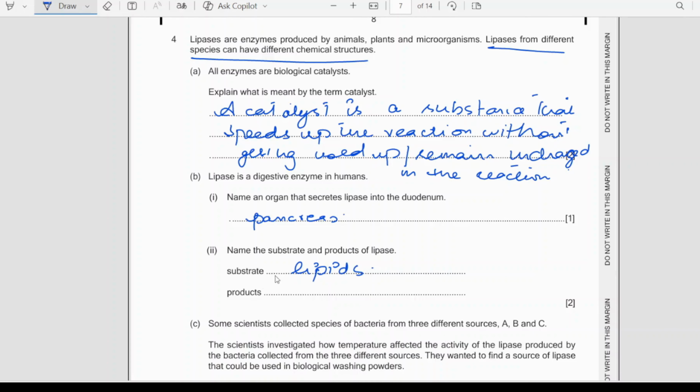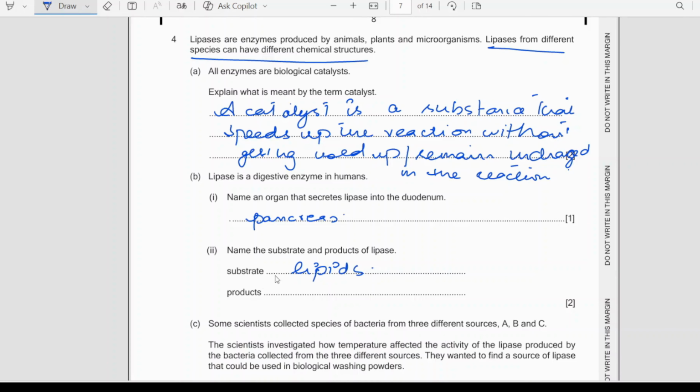Okay. Some scientists collected species of bacteria from three different sources, A, B, and C. The scientists investigated how temperature affected the activity of lipase produced by bacteria collected from three different sources. They wanted to find a source of lipase that could be used in biological powder. So, what do you think?